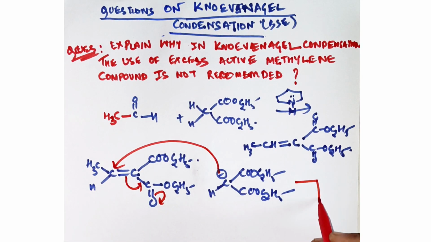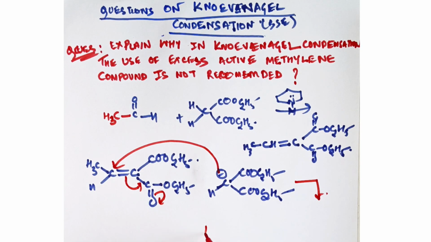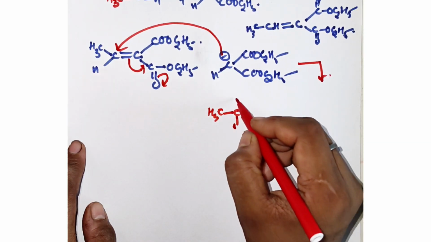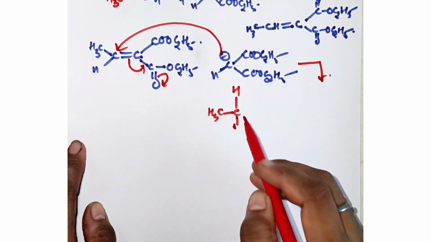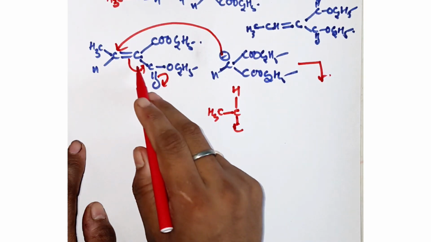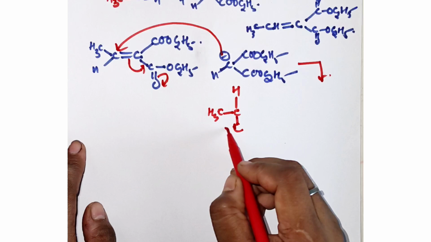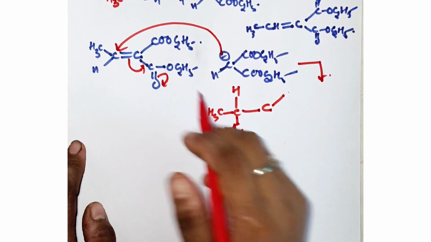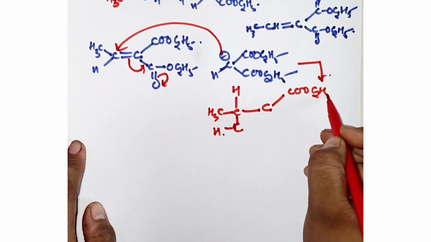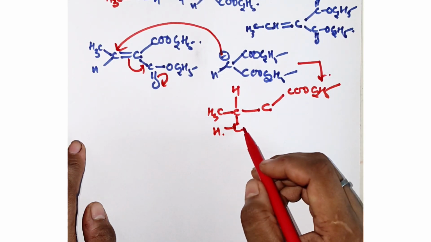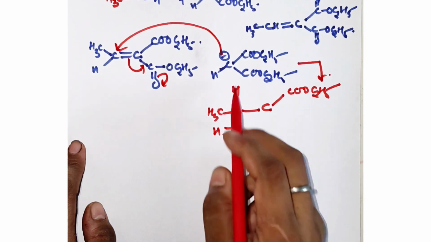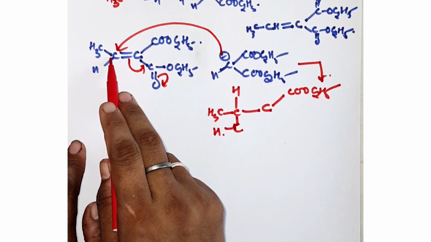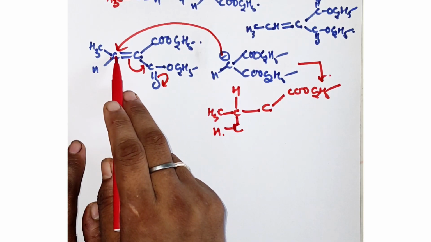What we are getting is, following from the previous step, H on this carbon, and here the carbon with COOC2H5. Here the whole carbanion is going and attaching to this carbon, so it is going for an addition reaction right now.